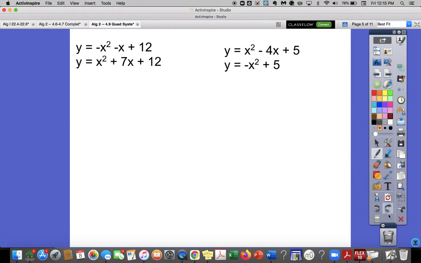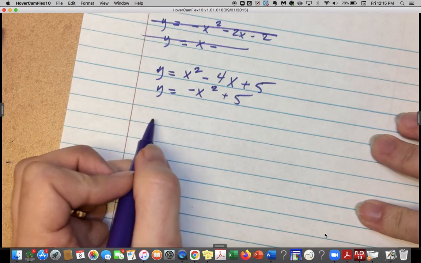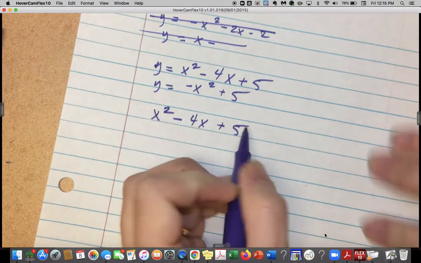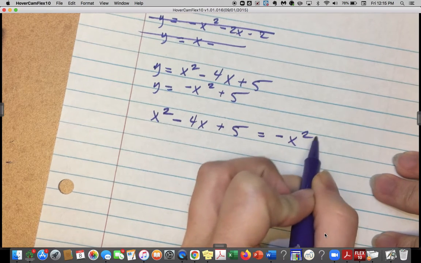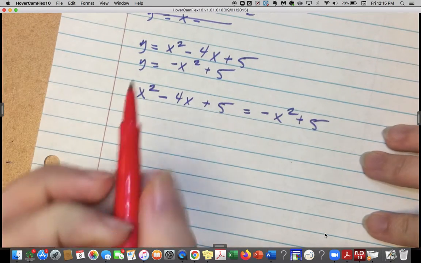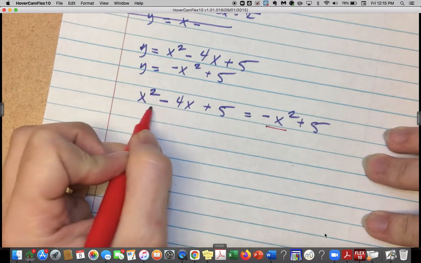If I do that one, then when I set these equal to each other, I've got x squared minus 4x plus 5 equals negative x squared plus 5. Okay. I do need to get everything on the same side. Now I want to find, this one's negative and this one's positive.